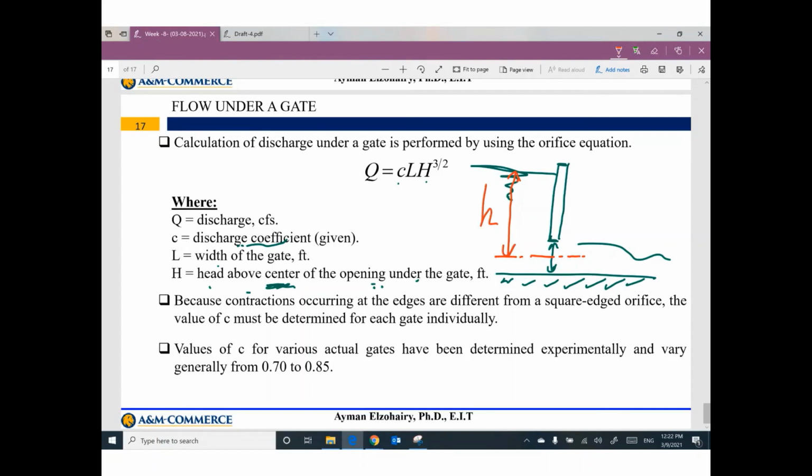Here is H. Based on this H and the width of this gate, which is L, and the coefficient C, I can figure out how much discharge is coming outside. We don't have examples on this one.